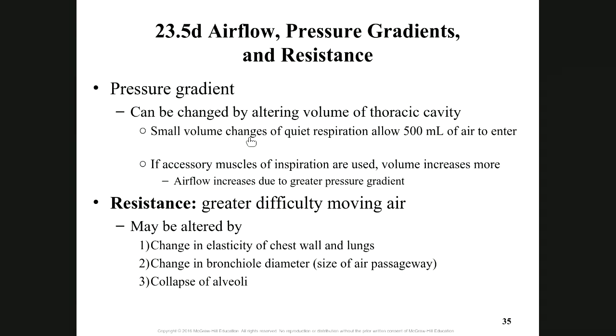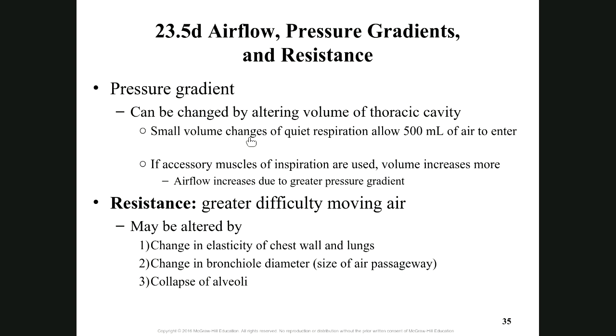And if we use accessory muscles, if we want to do forced inhalation and forced exhalation, then the volume of our chest increases, and then we have more inhalation, and then the volume of our chest decreases more, and we have more exhalation.